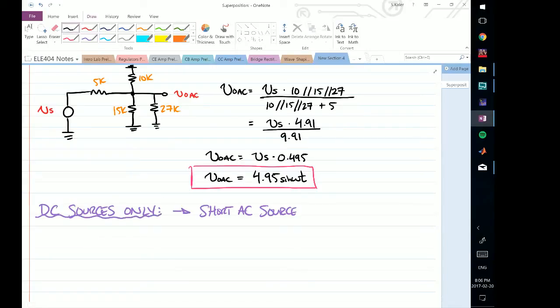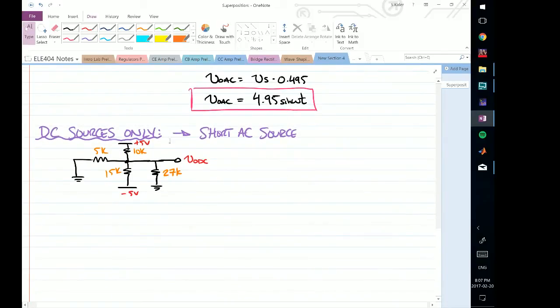If I short my AC source to ground, I replace this with a short. This resistor is still there, so is this one. You'll notice that these two voltage sources are turned on at this point, and so I can call this VODC. This will be plus 5 volts, this will be minus 5 volts. This here is 10K, this is 5K, this is 15K, and this is 27K.